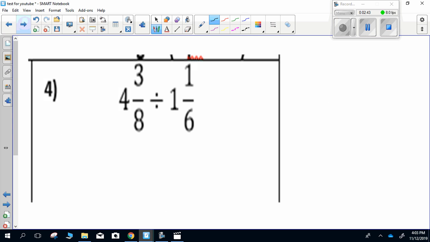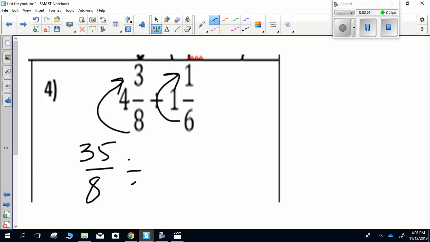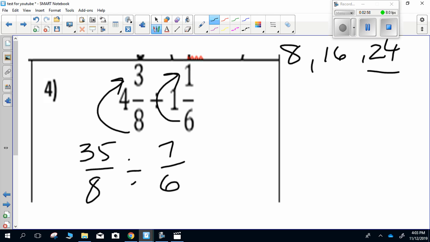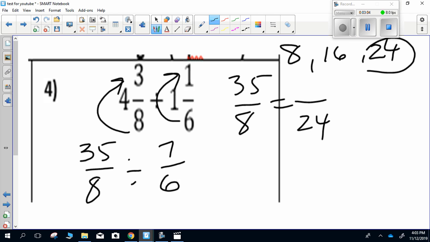Okay. Question 4, improper fraction. So 32 plus 3 is 35 over 8 divided by 7 over 6. 8, 16, 24. Ooh, that's my common denominator. So I do 35 over 8 equals, we don't know, over 24.